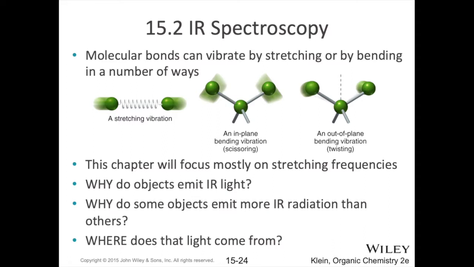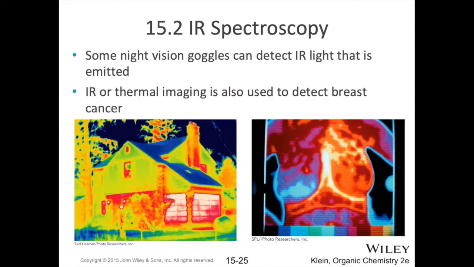All of these are associated with some energy, and the energy will correspond to a wavelength of light that's in the infrared range of your electromagnetic spectrum. Infrared imaging or thermal imaging works on the same principle, actually. If you're familiar with night vision goggles, they work through not visible light, but infrared radiation coming off something.